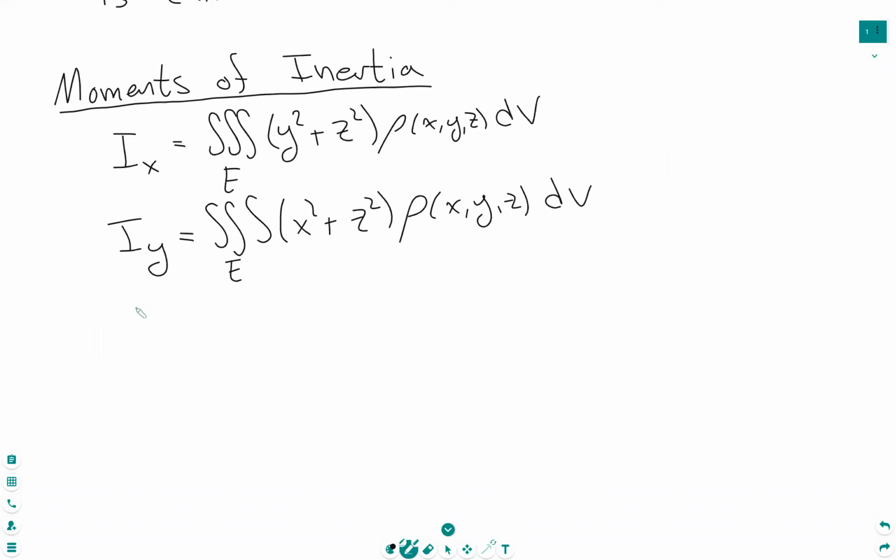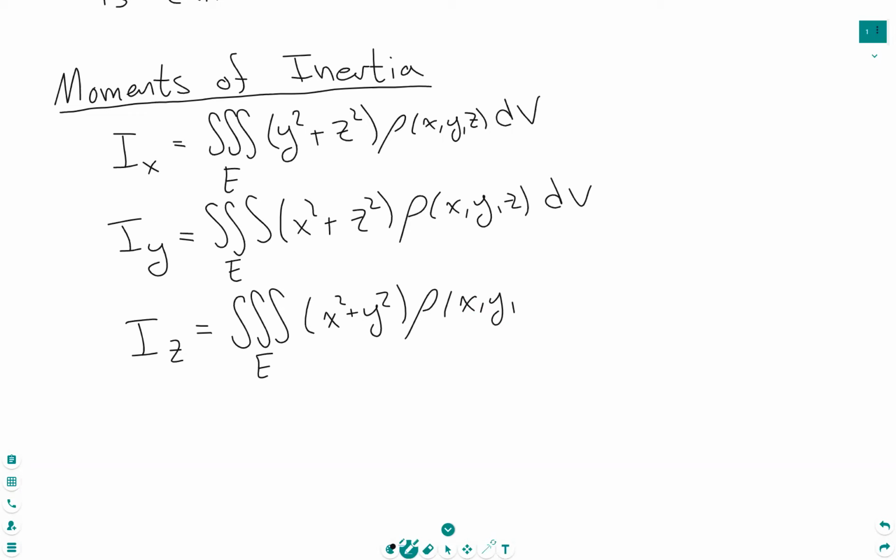And then we have our moment of inertia about the z-axis. Our integrand will be an x squared plus a y squared, times our density, dV.